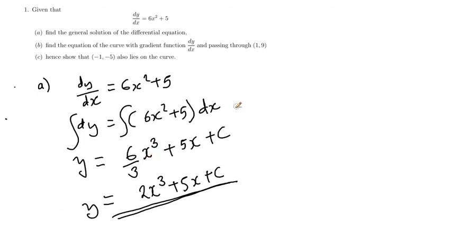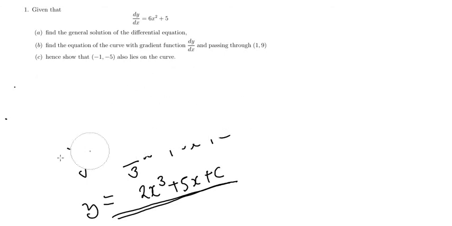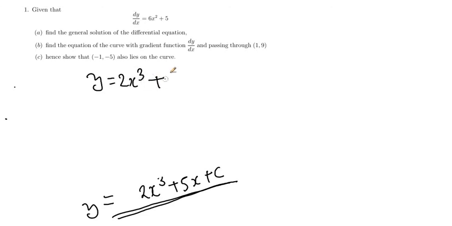Part B of the question says find the equation of the curve. Allow me to rub this off. Let me just copy this. Y is equal to 2x power 3 plus 5x plus c. Okay.